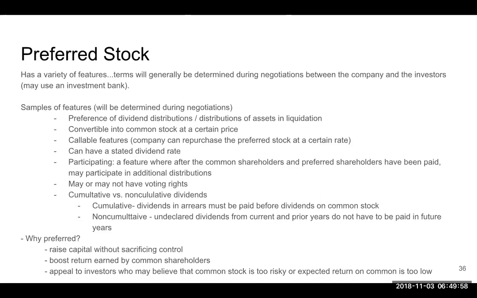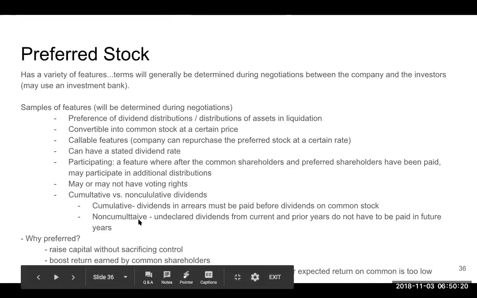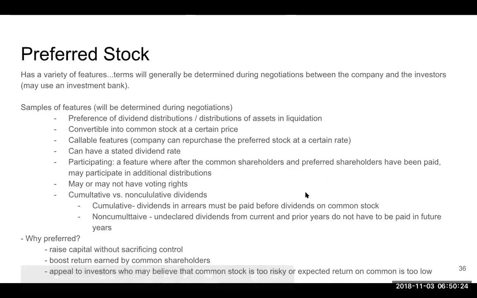Rather, if dividends are paid, the dividends from the prior years first must be paid, then the current years, and then the common shareholders can be paid. Non-cumulative is essentially that the undeclared dividends from current or prior years do not have to be paid in future years. And I love how I spelled that completely incorrectly. Good job, Tchaikovsky.